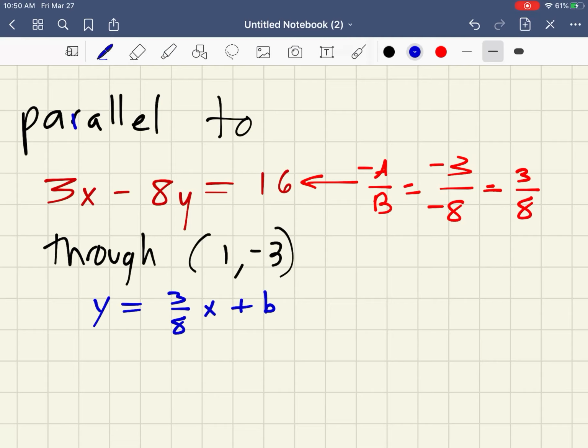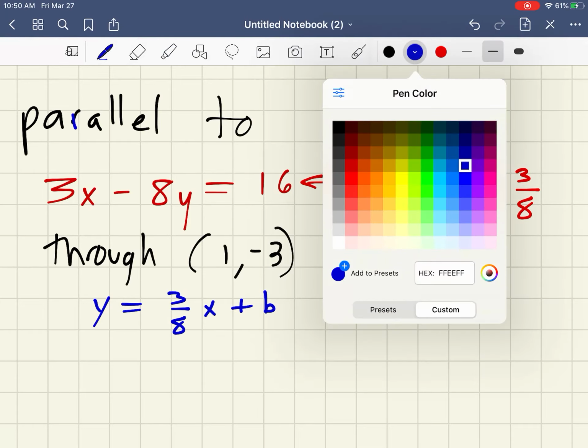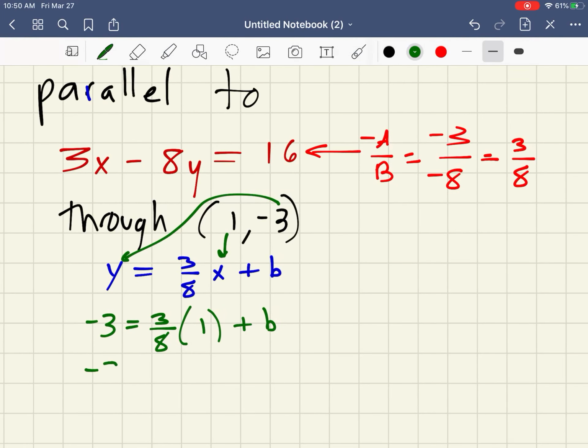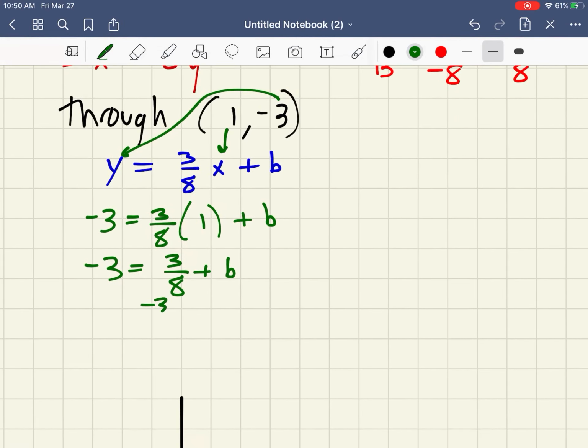I'm now going to use the same technique of plugging in the x value, plugging in the y value, and then solving for b. I'm going to multiply. 3/8 times 1 is 3/8. I'm going to subtract 3/8 from both sides.